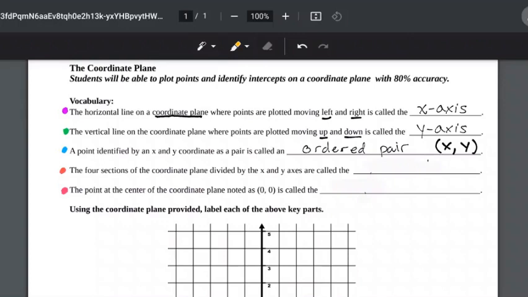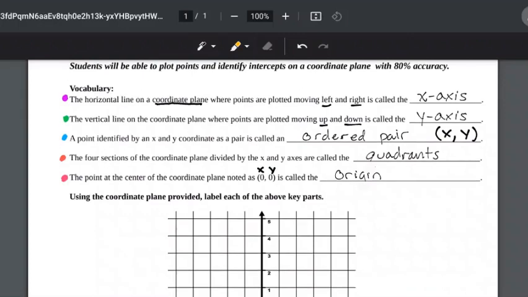The next definition, the four sections of the coordinate plane divided by the x and y axes are called the quadrants. And our last term, the definition is the point at the center of the coordinate plane, noted as (0, 0). So 0 for our x coordinate, 0 for our y coordinate is called the origin.